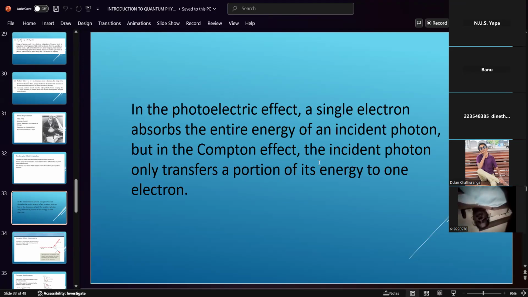In the photoelectric effect, a single electron absorbs the entire energy of the incident photon. But in the quantum effect, the incident photon only transfers a portion of its energy to one electron. Then you can see the explanations.